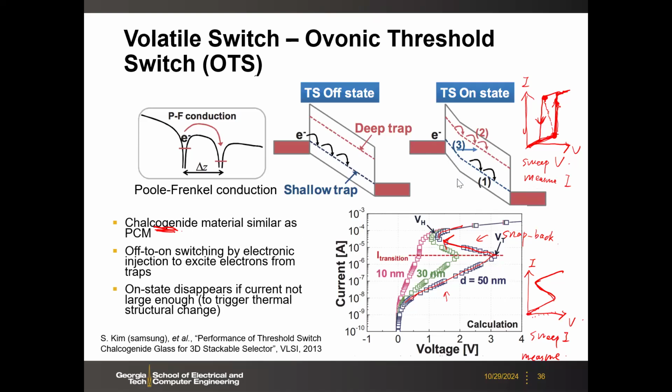But the only difference is that here in this OTS, after you turn on, it will not memorize the state, unlike phase change memory. So if you turn it on, once you go back to the 0 voltage, the on state will disappear.